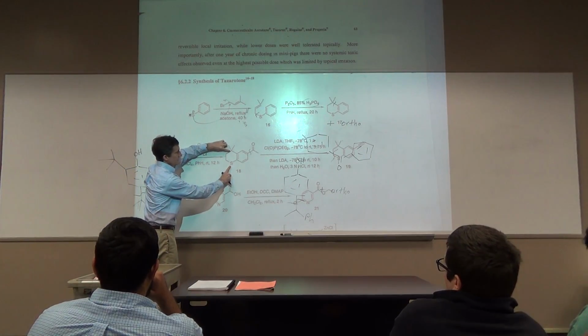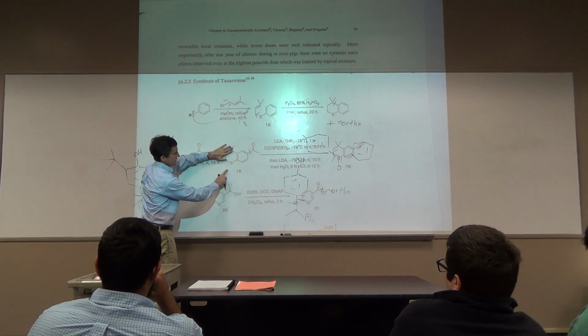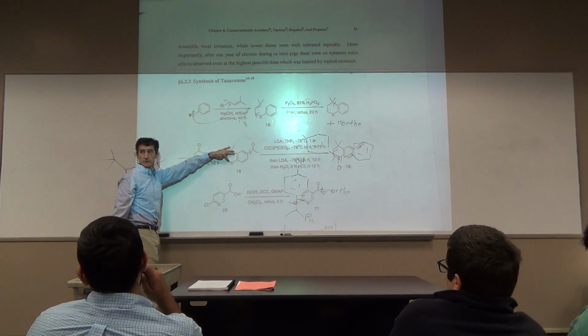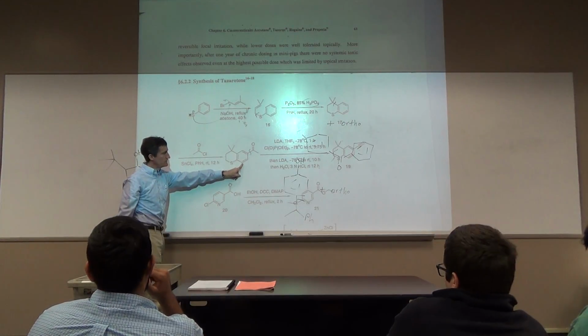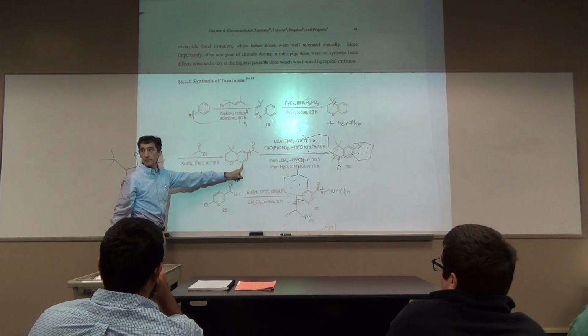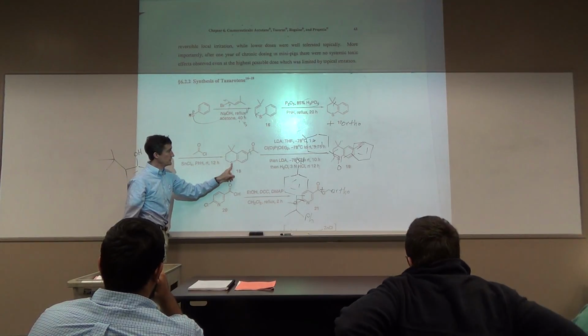Which one's going to win out? The sp3 carbon or the sulfur or the lone pair? Sulfur. Yeah, so it's your director. Ortho-para, where does the new group go? Para to the sulfur. Possibly they got some that went here, and maybe a minor amount of that, and purified it out or something. But it makes sense that the new group went para to the sulfur.